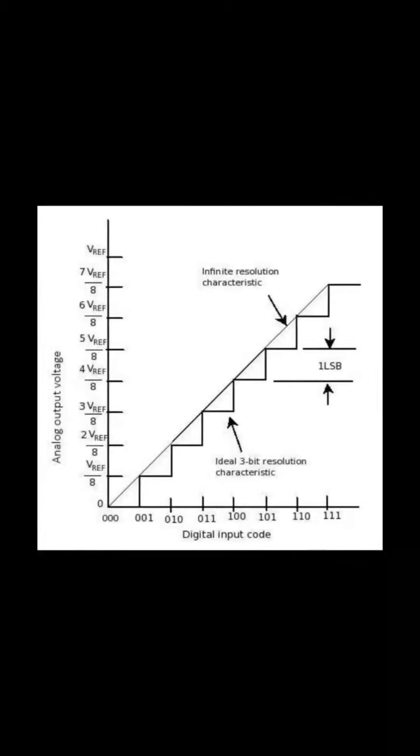Let us take an example of a 3-bit DAC with a reference voltage of 5 volt. The resolution can be given as VR divided by 2 raised to n. Many times this reference voltage is multiplied by an internal gain of the DAC, which is taken as K. So the resolution will be K into V reference divided by 2 raised to n.